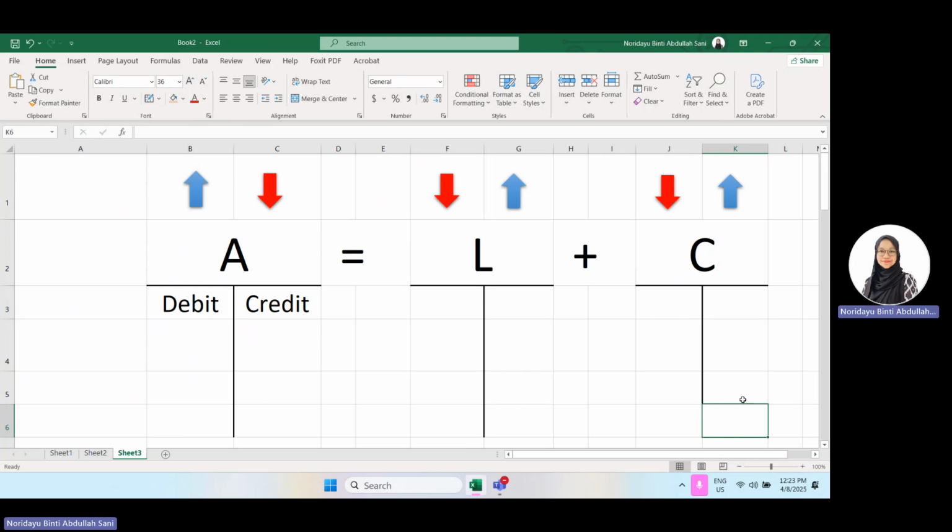The business owner introduces cash. So cash is an asset, right? Current asset. So the asset of the business will go up, increase. If I show my accounting equation, my asset will be increased by 1,000.